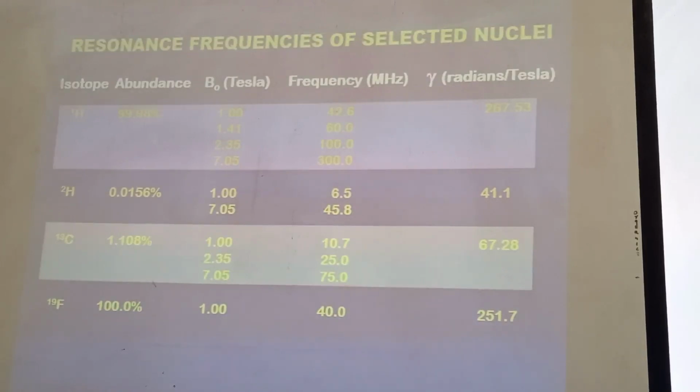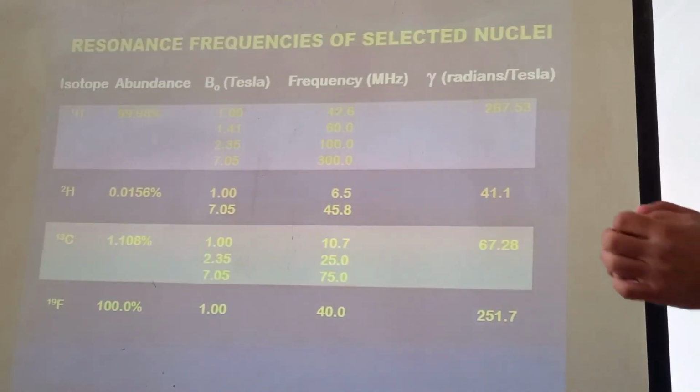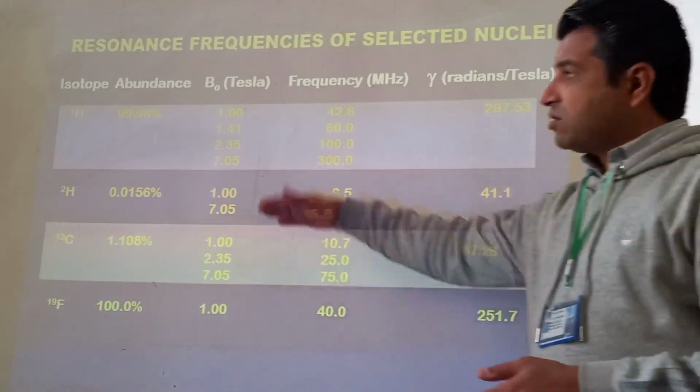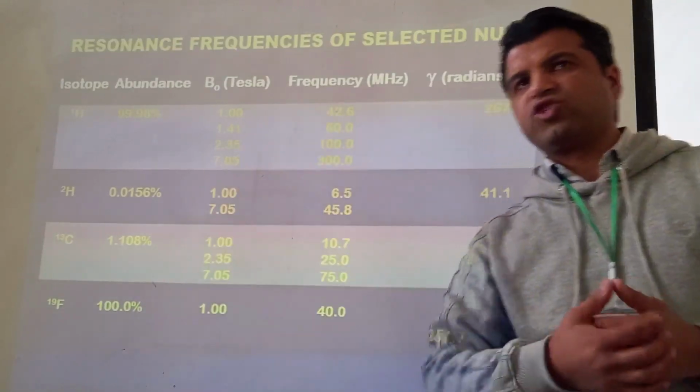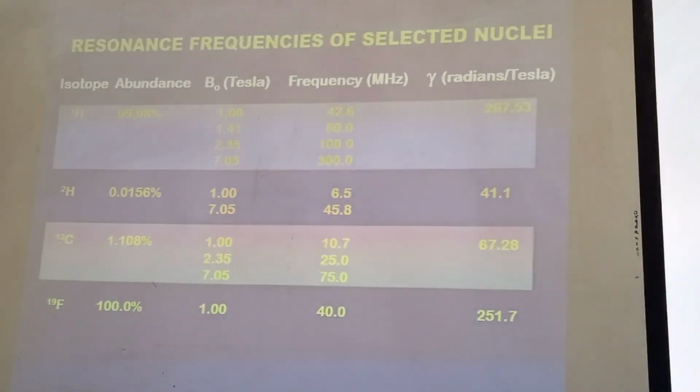But when you place this molecule in your NMR tube and you turn on the magnet with any of these magnetic field strengths, you only see proton in the spectrum, or you only see carbon-13 in the spectrum, or you only see fluorine or deuterium in the spectrum. Why is that?